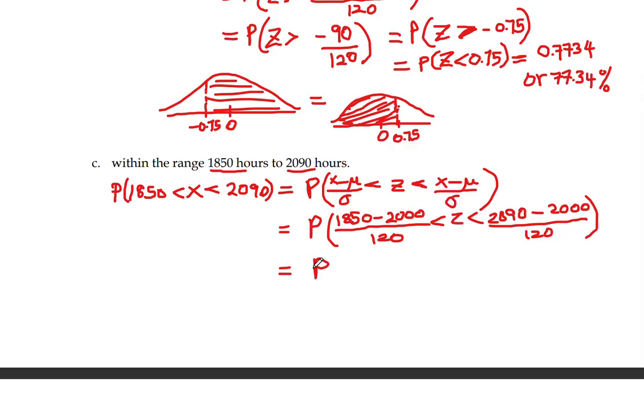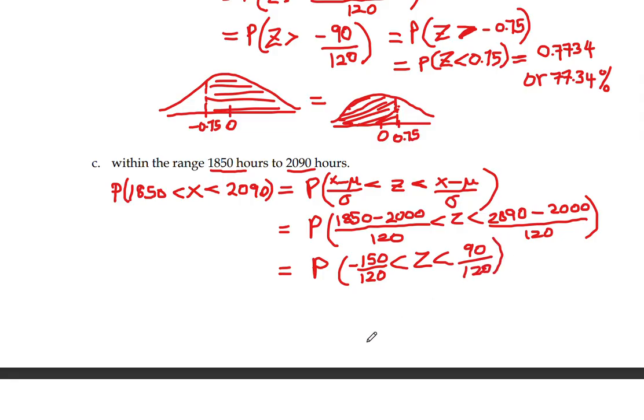So to simplify this, this becomes the probability, and we're going to take 1850 minus 2000, and of course that's going to give us negative 150. So what I will have here is negative 150 divided by 120 less than z, which is less than, and on the other side 2090 take away 2000, which is going to give us 90 divided by 120.